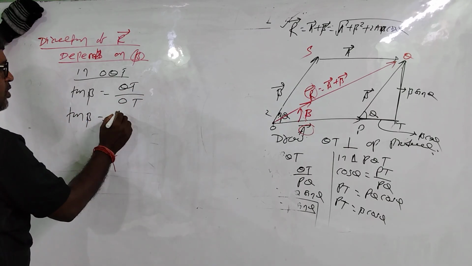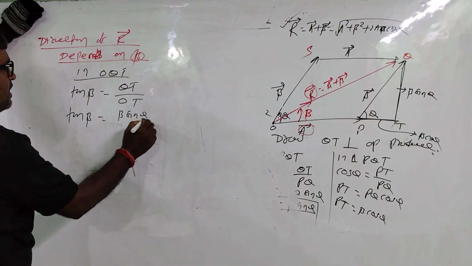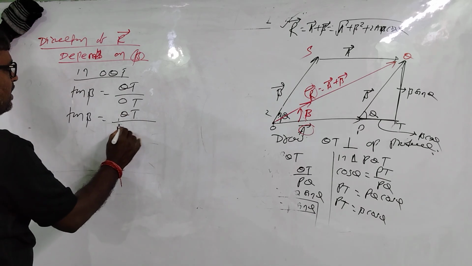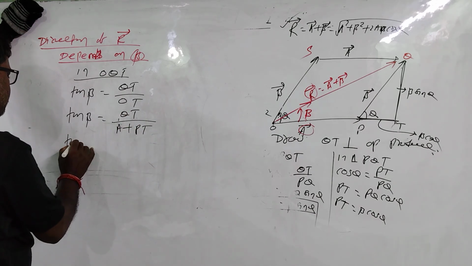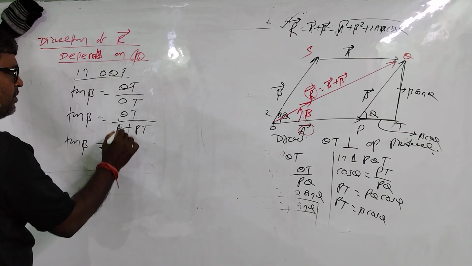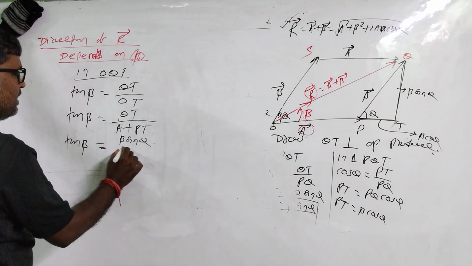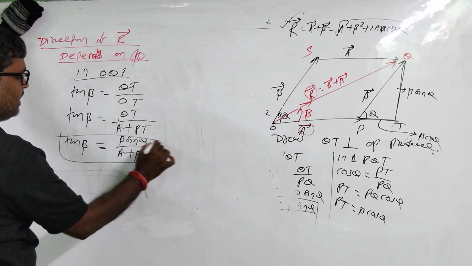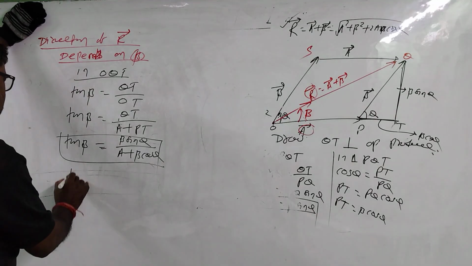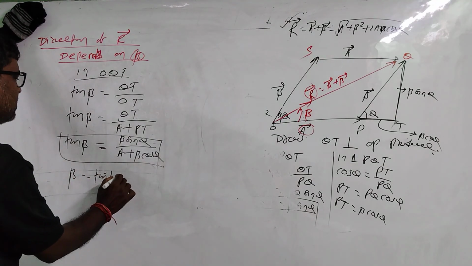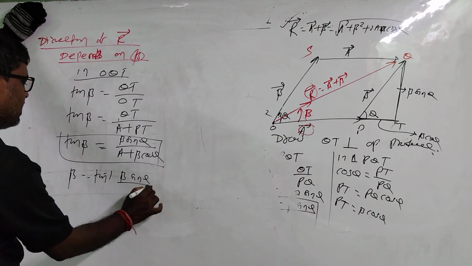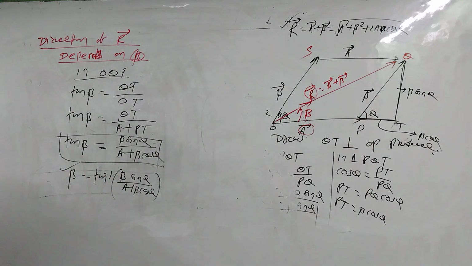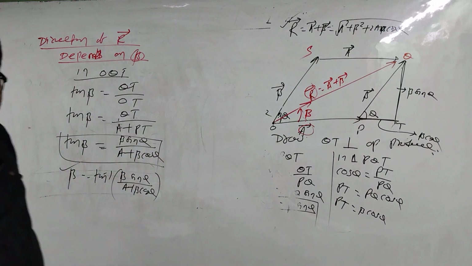So tan beta equals B sin theta by A plus PT, that is A plus B cos theta. Tan beta is B sin theta by A plus B cos theta. This is the direction, a very important result. So beta equals tan inverse of B sin theta by A plus B cos theta. This is the direction, okay.